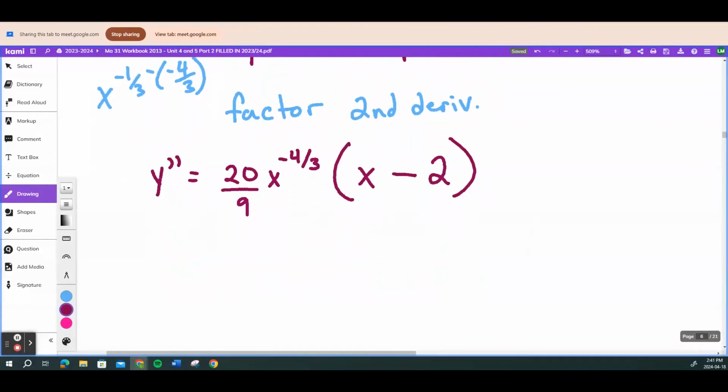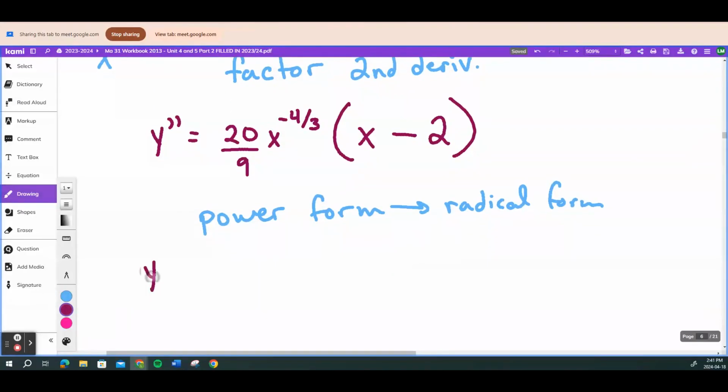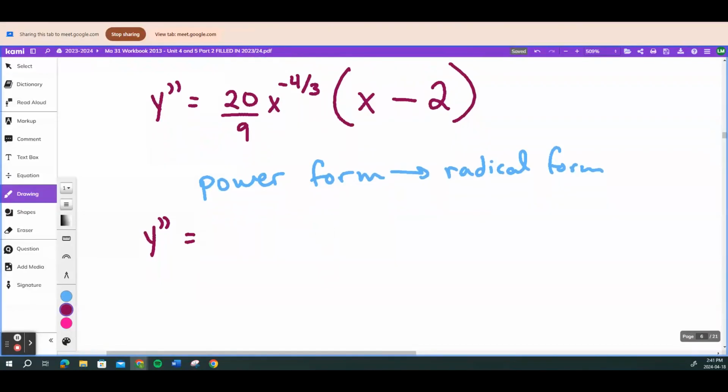Okay, so now I'm going to switch this from power form to radical form. So y double prime is equal to 20 over 9, and because the x is raised to a negative power, I'm going to put it in the denominator.